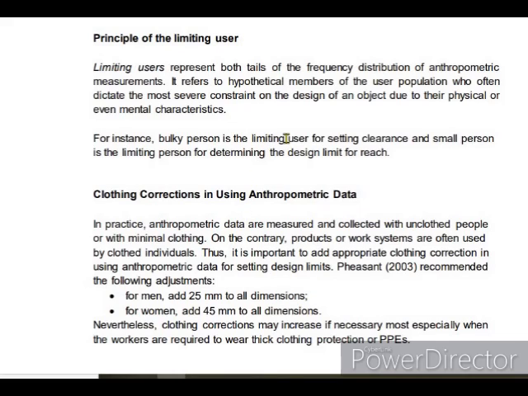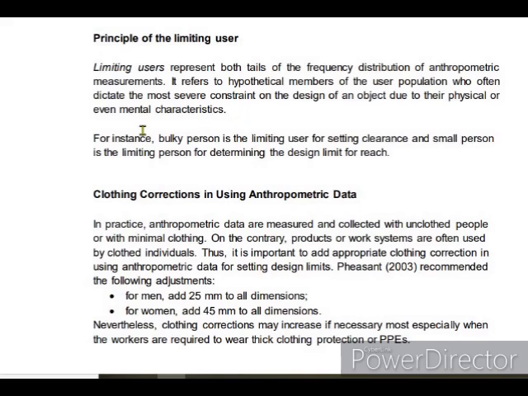It refers to the hypothetical members of the user population who often dictate the most severe constraint on the design of an object due to their physical or even mental characteristics. So they are the special ones, the most critical consideration.